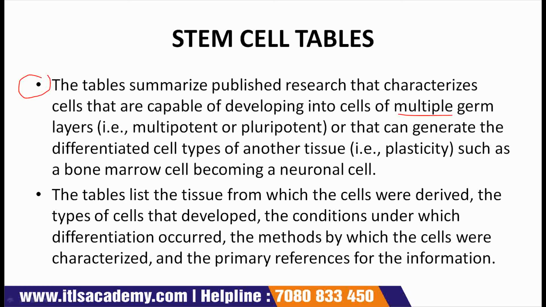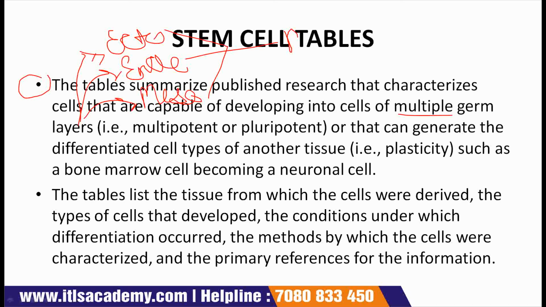Multiple germ layers, we know that three kinds of germ layers are formed, that are ectoderm, endoderm and mesoderm. Cells that are capable of forming these three kinds of cells are pluripotent stem cells.